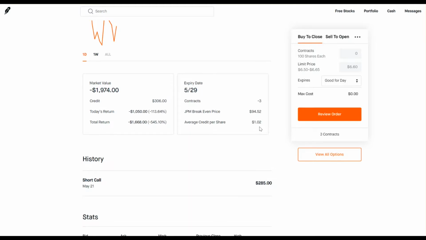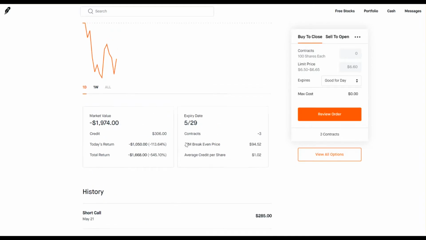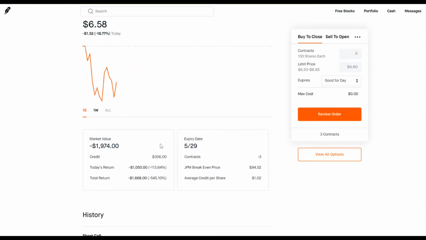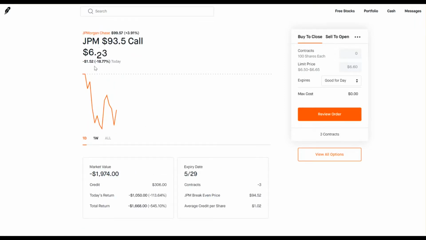So that's why you see the average credit per share is 102 and doesn't exactly tie back to the dollar amount that you see here. Okay. So going back, it's 6.58, but you don't really care about that.